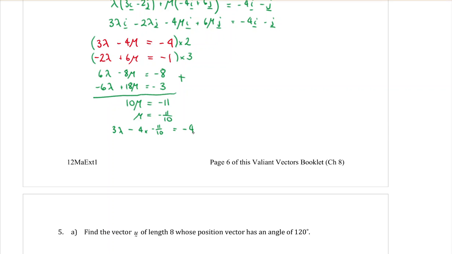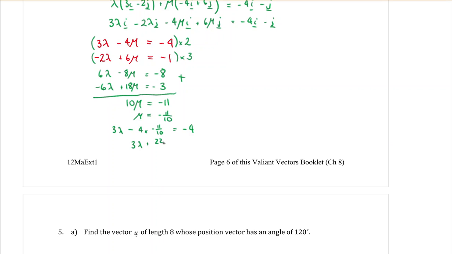That's not so nice. All right, calculator time. I'm going to have minus 4 times negative 11 over 10. Plus 4. And if I move that across to the other side, maybe I'll just write it down first so I don't mess it up.